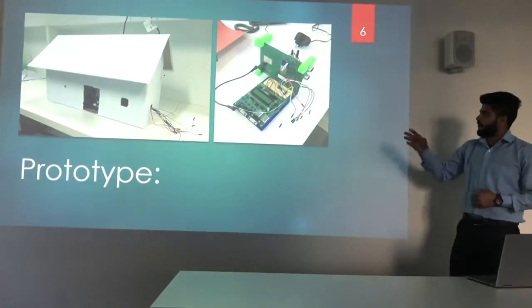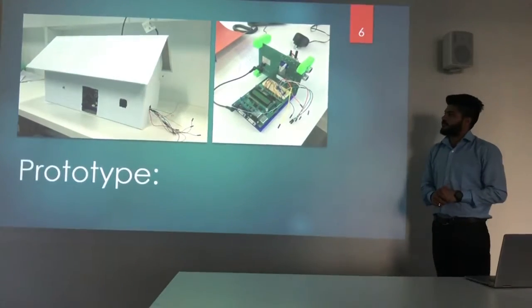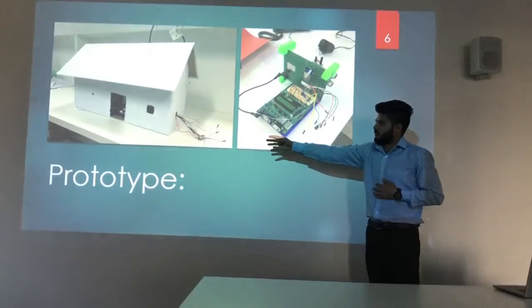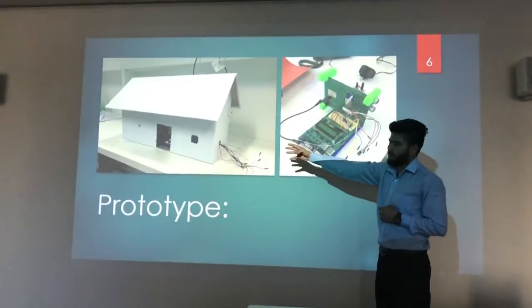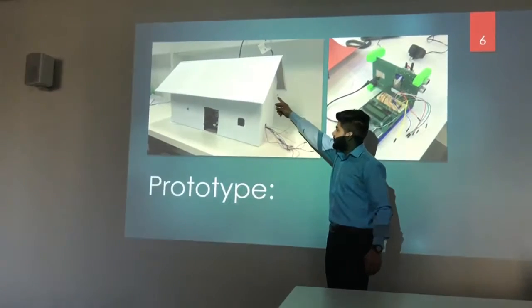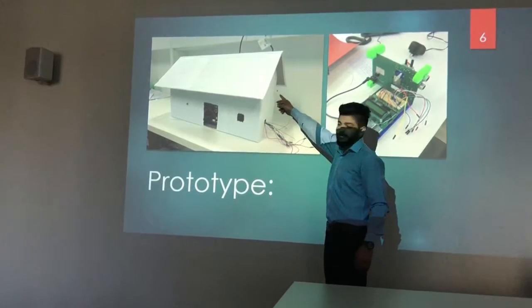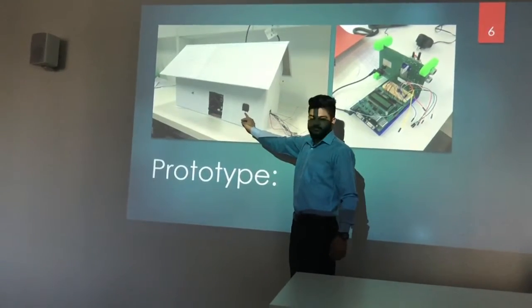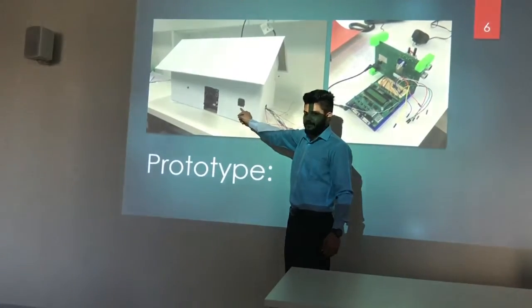Here is a picture. The first picture is of my project's prototype. I made a prototype looking like a home. Here is the LM335 temperature sensor which I brought out from the house. Here is a fan which I am presenting as an air conditioner.